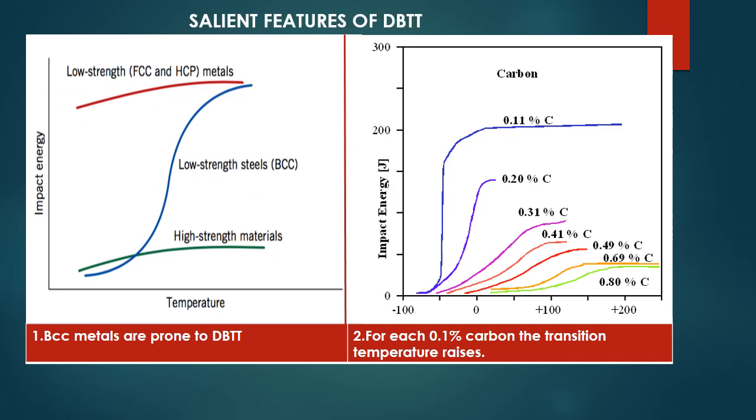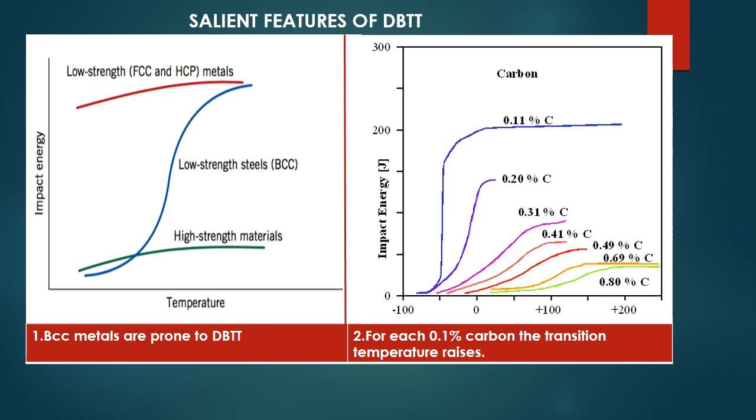Some of the salient features of DBTT. The BCC metals, particularly the low strength steels, are more prone to DBTT, whereas the low strength FCC and HCP metals and high strength materials are more indifferent to DBTT.